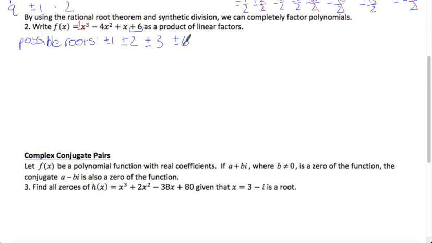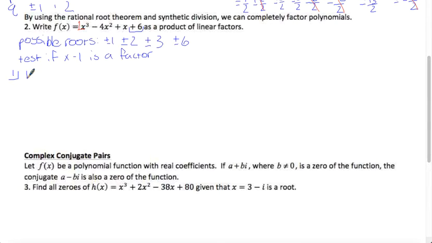And then what we do is we're going to use synthetic division to see if any of these evenly divide our function. So let's first test 1. So I'm testing if x minus 1 is a factor. And to do that, I'm going to divide my function by x minus 1. And I can do that with synthetic division.